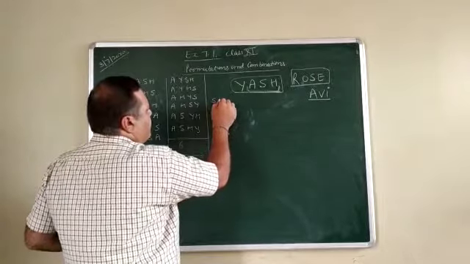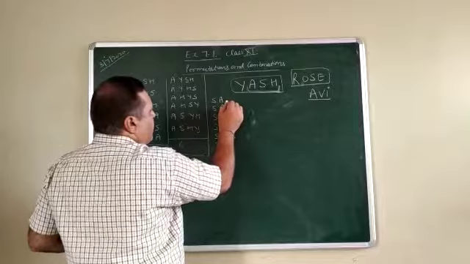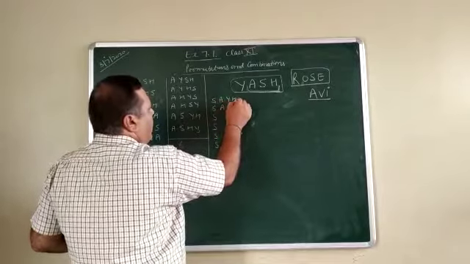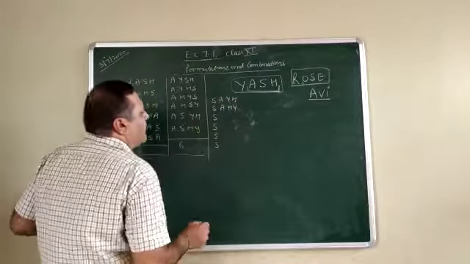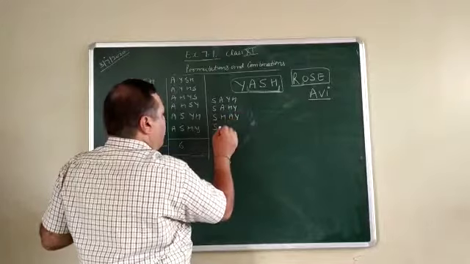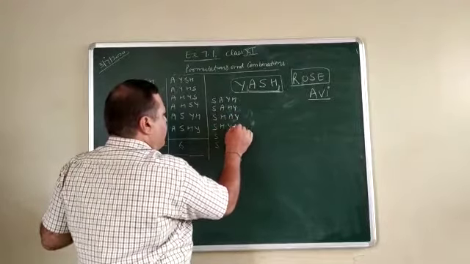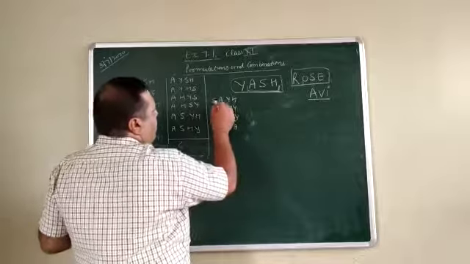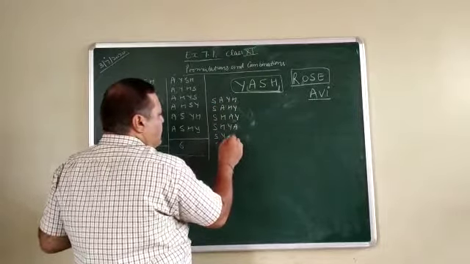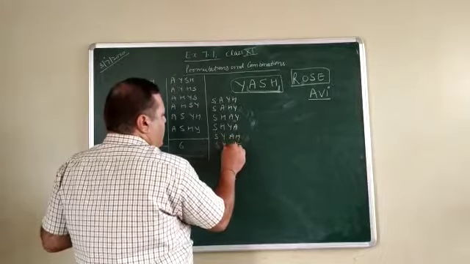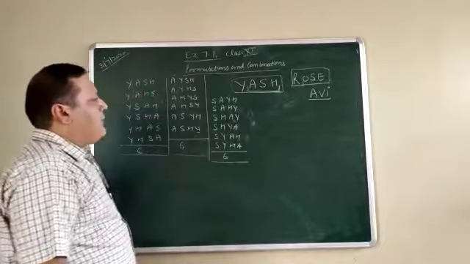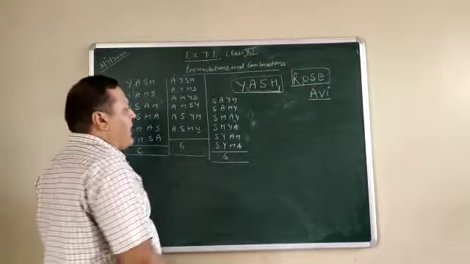S, Y, A, H; then S, Y, H, A; then S, A, Y, H; S, A, H, Y; then S, H, Y, A; S, H, A, Y. If you observe, there are again 6 different words you can generate with the help of S.